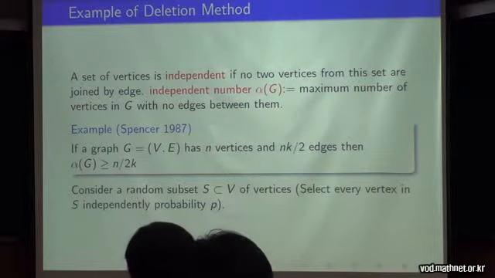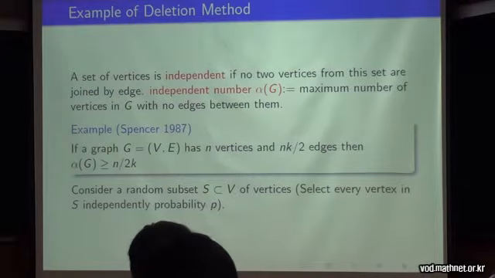It means that we select every vertex independently with probability p.